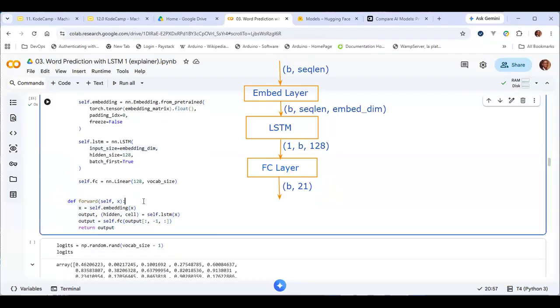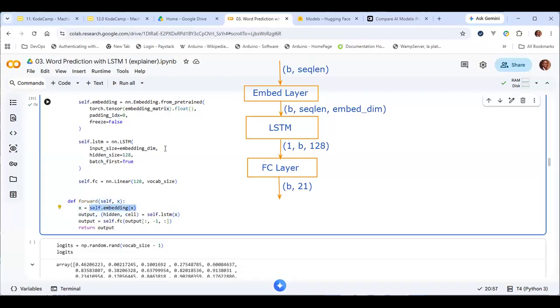So in the forward, when you're actually running the inference, the first thing is to run it through the embedding. The X here is going to be an index number, the index number that represents the position of that word in the vocabulary. So that index number is a single integer. It will get into the embedding.